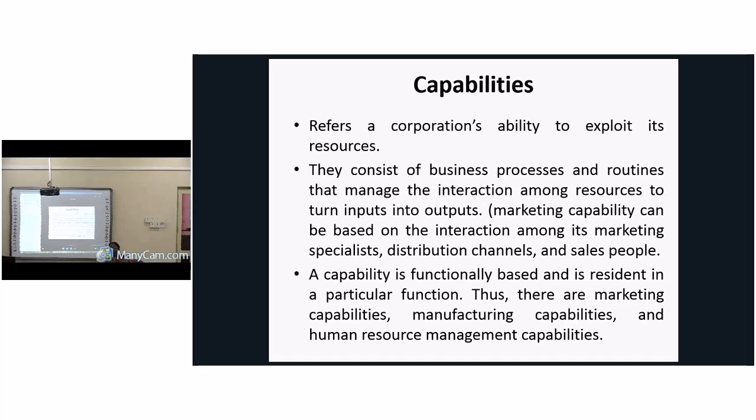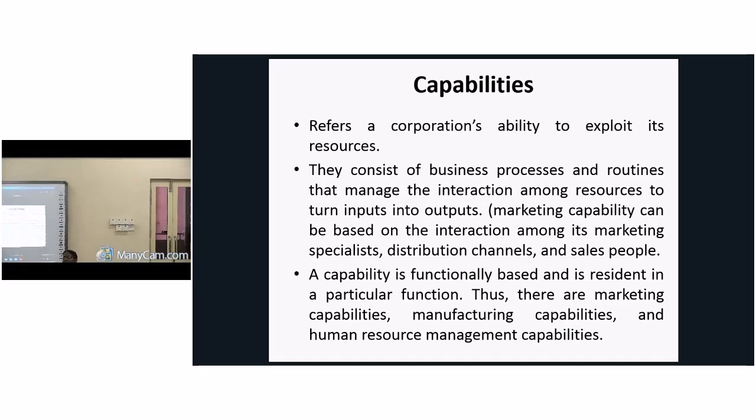All these abilities reside in organizational functions, functionally based capabilities. Take a university, which is not the normal type of manufacturing organization but a service organization; we have certain capabilities.